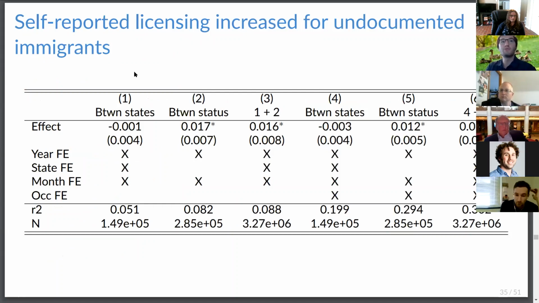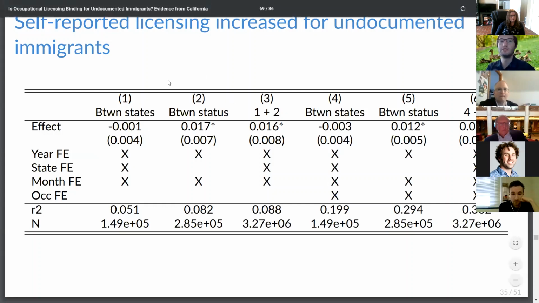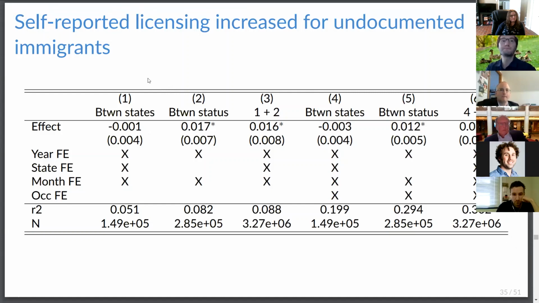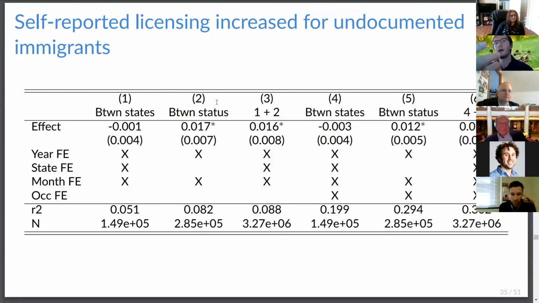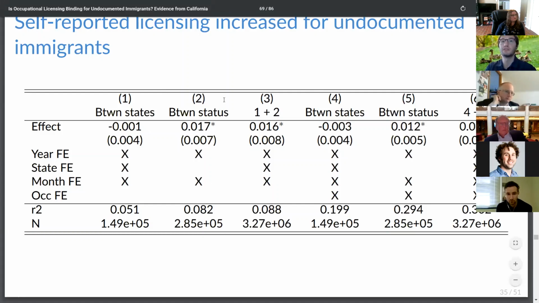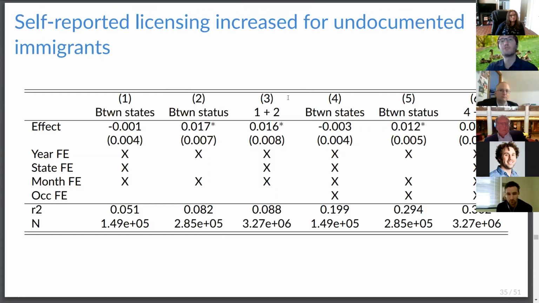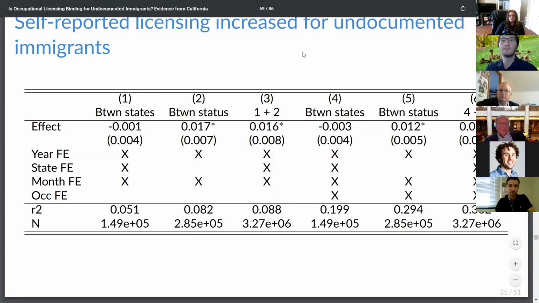This first column is when I'm just comparing undocumented immigrants in California to other states. Interestingly, you don't really see much of an effect in this specification or in this way of cleaning the data. In the second row, I do the similar experiment as I did before, comparing Hispanic workers to white workers, and in this regression, you see a fairly large effect. Then I do the triple difference in difference in columns 3 and 6.